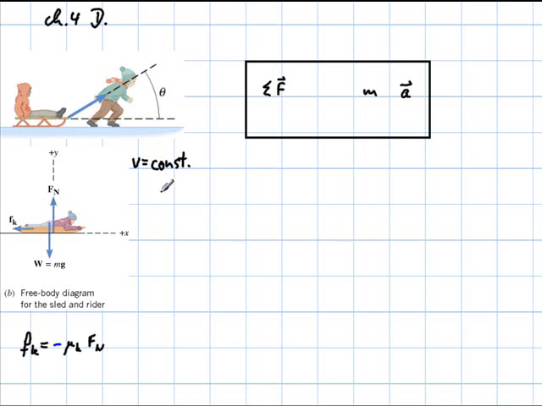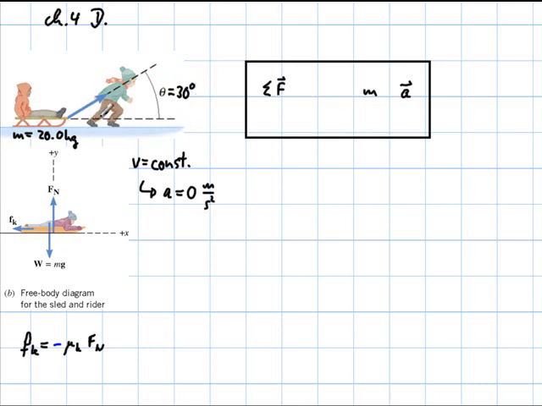That constant velocity actually will tell us something right away, and that is that the acceleration is 0. That's an important thing to know. Then what we have given is that the mass of the sled is 20.0 kilograms. We have given that the angle is 30 degrees with the positive horizontal.